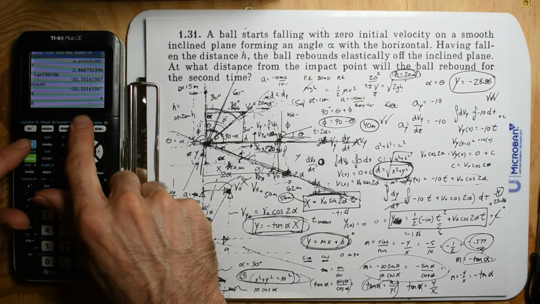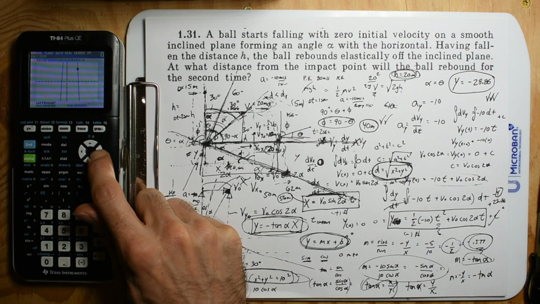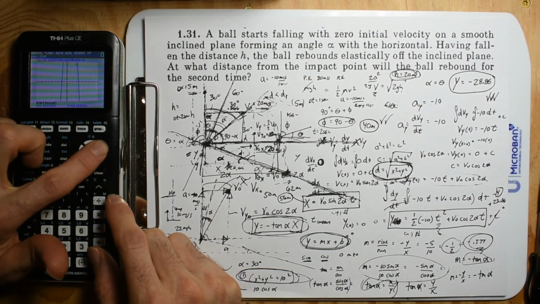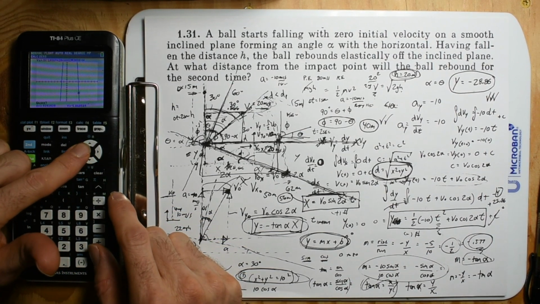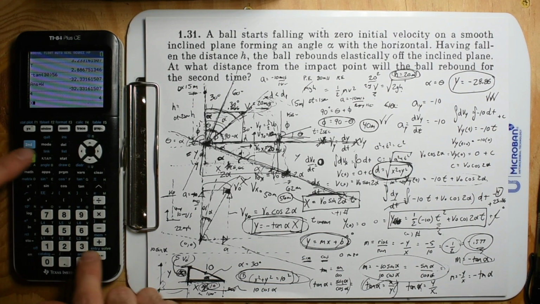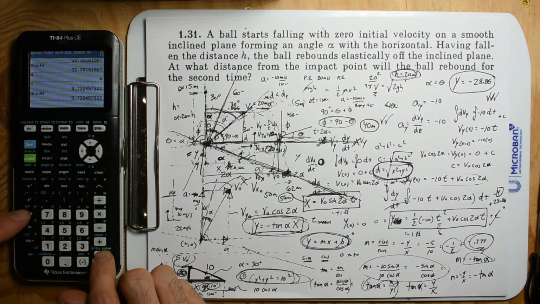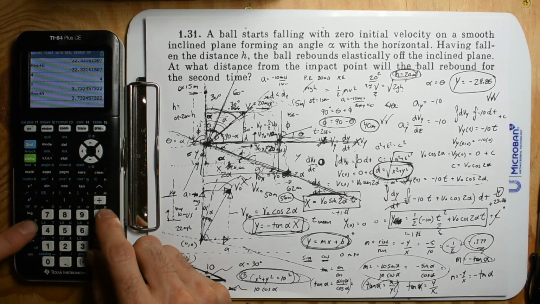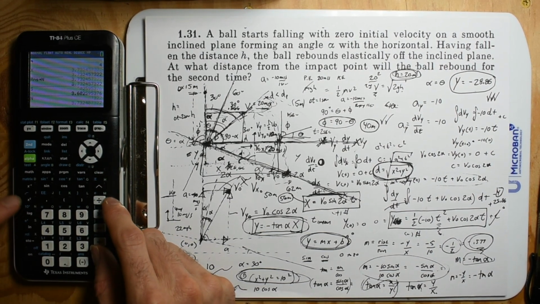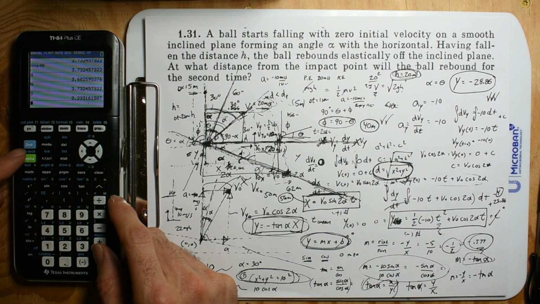The calculator's a little bit slow sometimes. Okay, hell yeah, and so we got 3.7. That automatically stores as x, so we're going to store that as alpha n. So now we used to have alpha s is 3.6, now we have alpha n is 3.7, and then alpha o is 3.2.